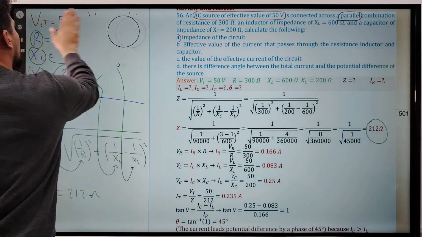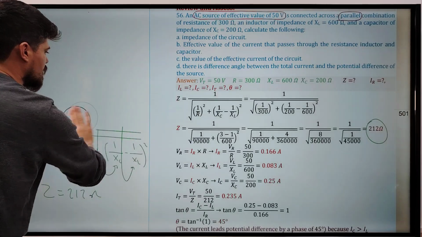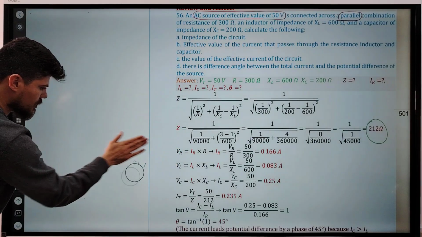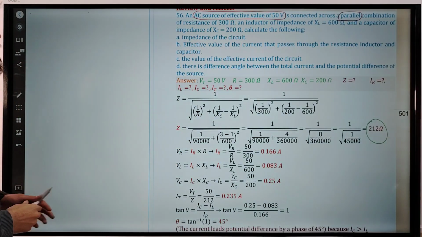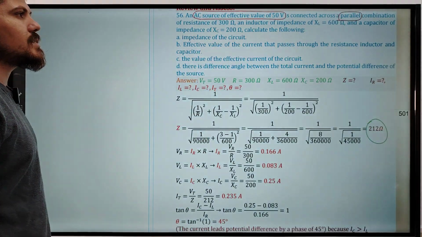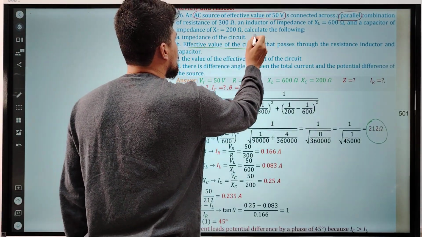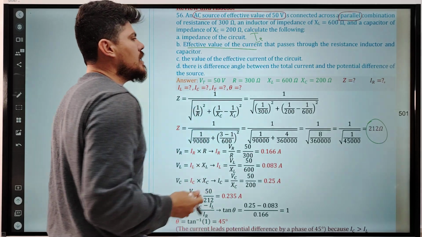Okay. Now the second branch, B. In branch B, what is unknown? The effective value of the current that passes through the resistance. What do you mean by effective value? It means IE. IE across what?